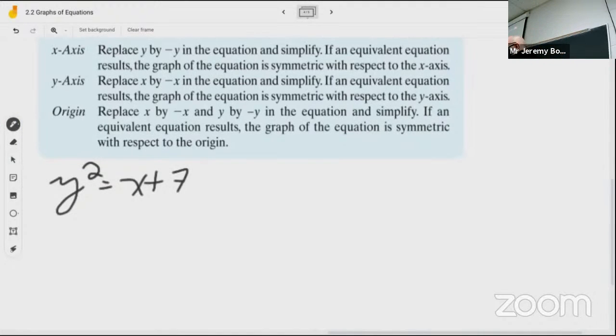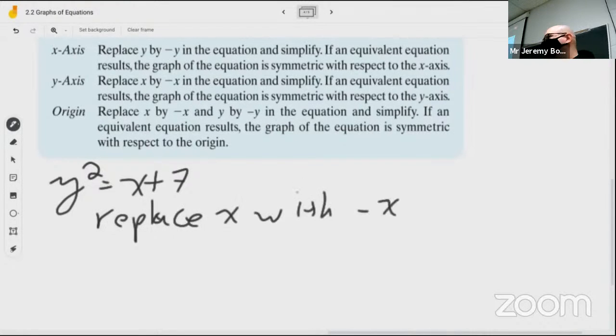And so if we want to see if that's symmetric with respect to the y-axis, we're going to replace x with negative x. All occurrences of it, there's only one occurrence here, but if you do have an equation with multiple occurrences of the variable, replace all of them. And so we'll end up with y squared is equal to negative x plus 7.